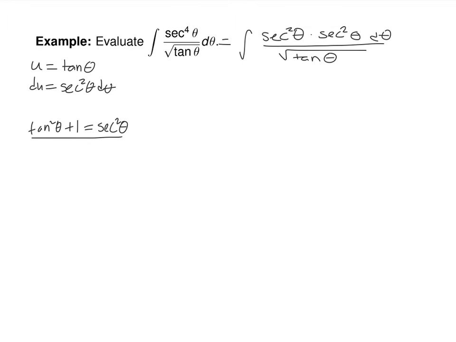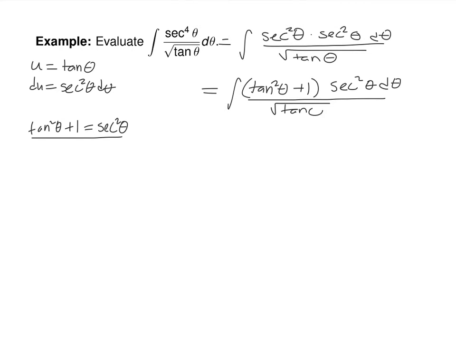So you're going to have to know those. So secant squared theta is tangent squared theta plus 1. That quantity times secant squared theta d theta all over root tan theta.